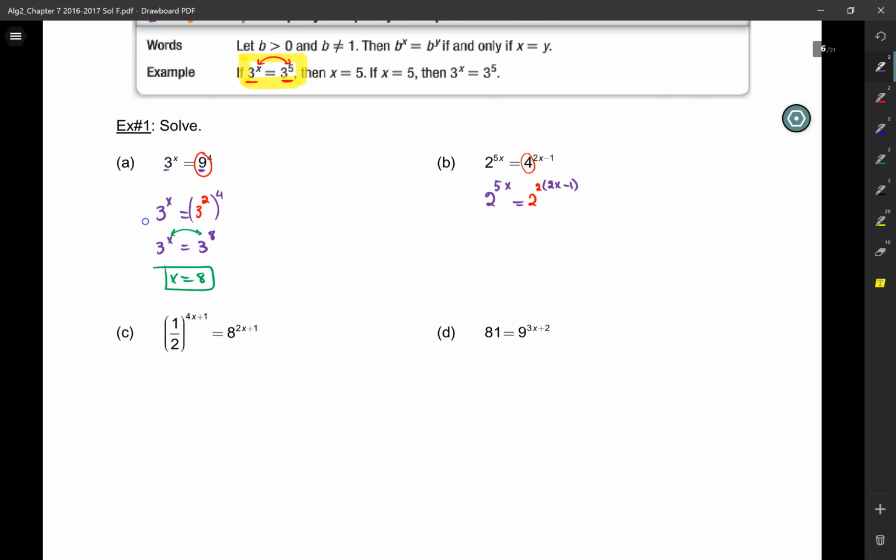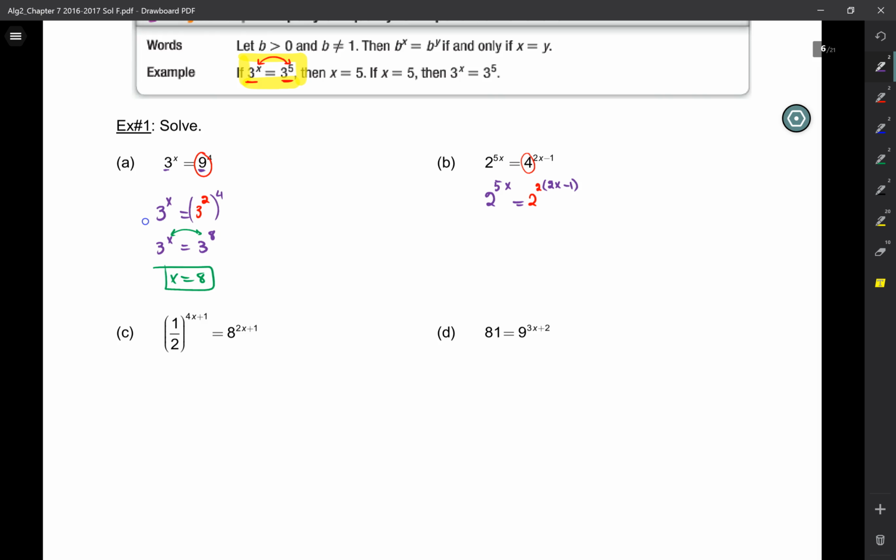Okay? And then 2 to the 5x stayed 2 to the 5x. And the other one, where it was a 4, it became 2 squared. So how did that become the next line? So 2 to the 5x stayed 2 to the 5x.